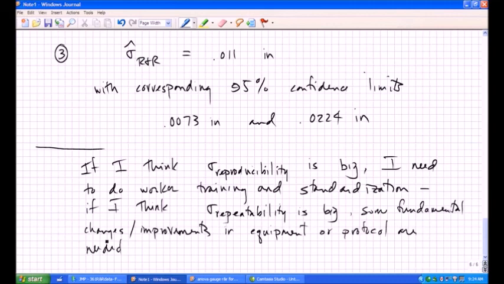That is, that would say I have some inherent level of uncertainty in measurement that is just unacceptable and has to be addressed across the board.